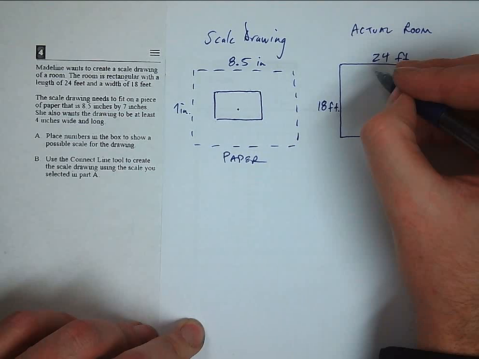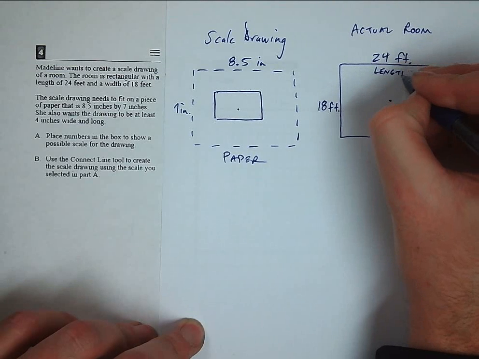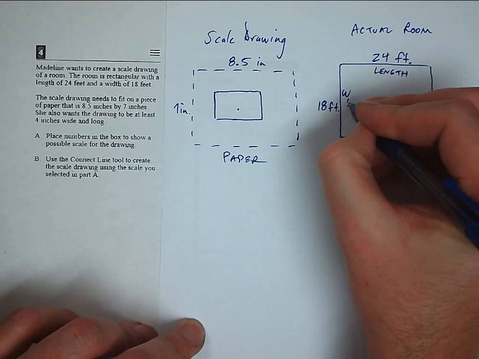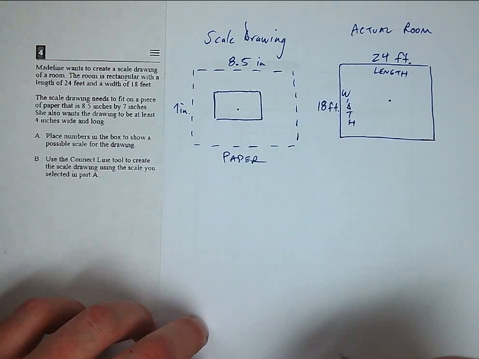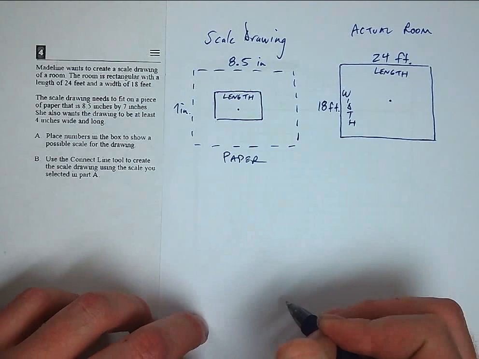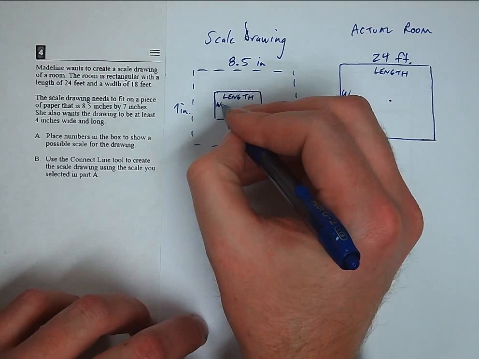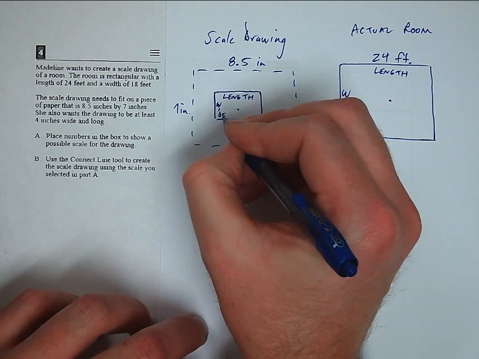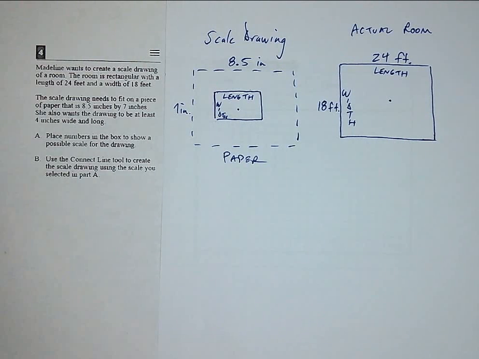We can call this the length, and this would therefore be the width of 18 feet, and therefore this should represent the length of our drawing, and then width would be right there. Okay, so anytime you're dealing with scale drawings, you can set up proportions.